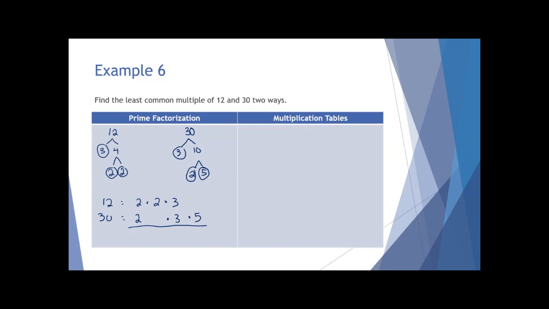That is actually called the least common divisor. The least common multiple is going the other way. These numbers are going to multiply to this bigger number. So we are trying to build something that's bigger. We want a number that I can divide by 12 and 30, but I want the smallest one that can do that. That's where the word least comes in, but it needs to be bigger.